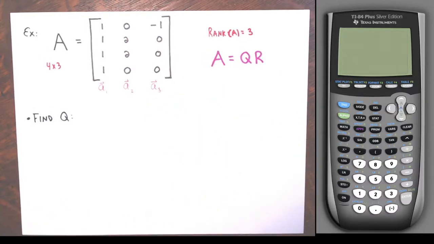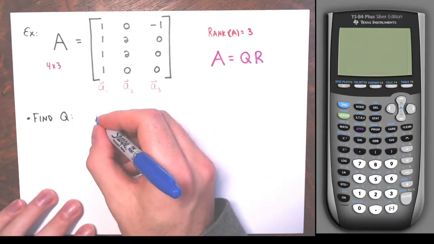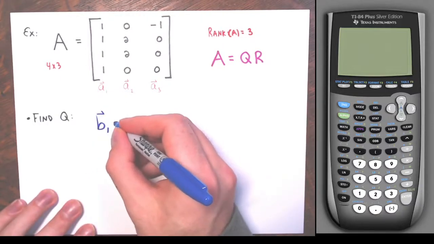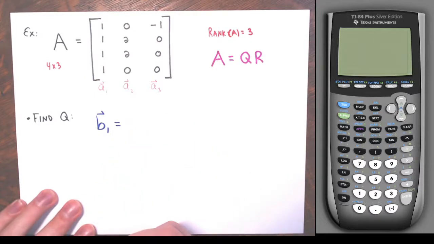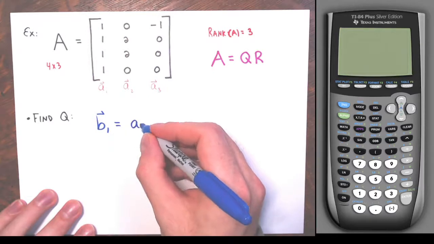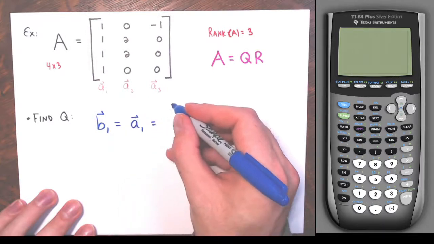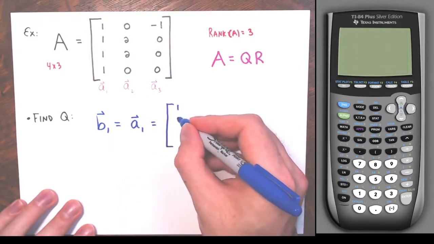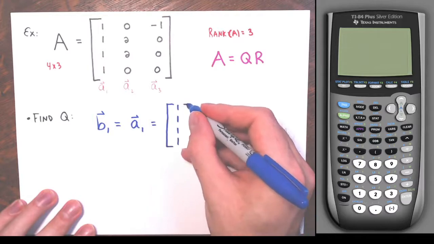So again, first I'm going to form an orthogonal set from this independent set of 3 vectors. Let's call them B1, B2, and B3 again. And as before, just let B1, the first vector in my orthogonal set, be the first vector from the independent set. So B1 is A1, the vector with 4 ones, 1, 1, 1, 1.